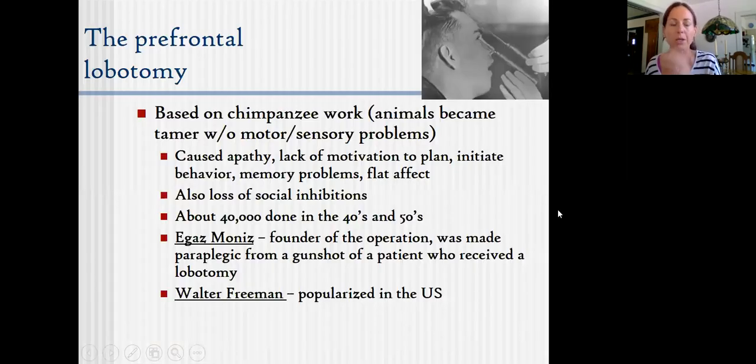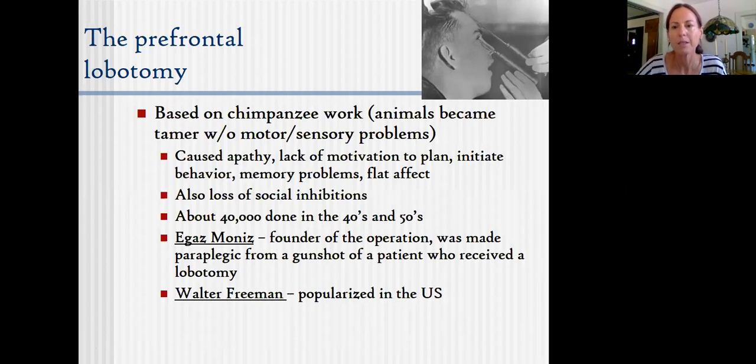Well, a long time ago, there were some doctors who had done some work with chimpanzees, and basically what they did is damage their prefrontal cortex and found out that the animals became tamer and they did pretty well. They didn't have sensory and motor problems as long as they didn't get it too far back in the frontal cortex.